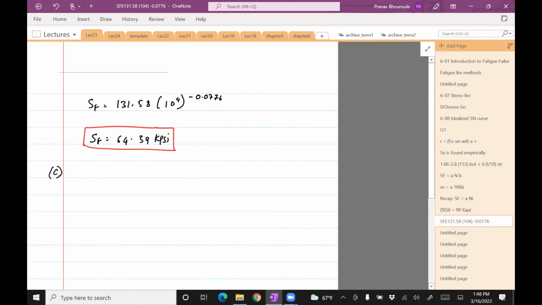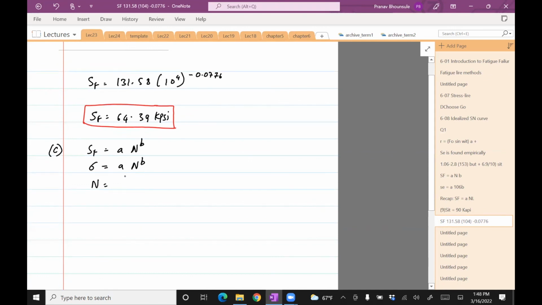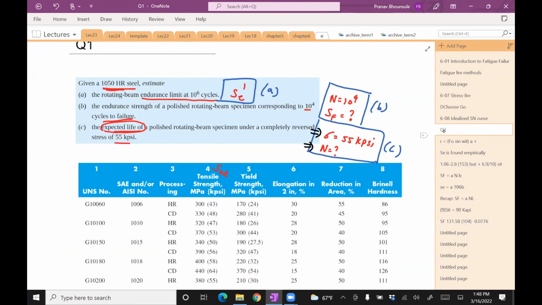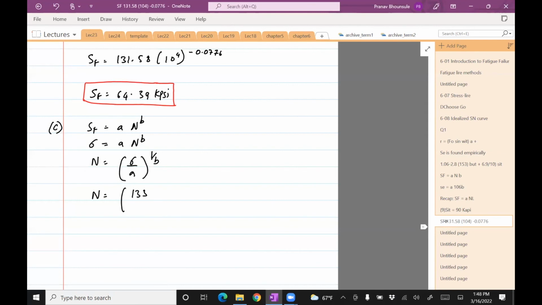Part C: SF equals A n raised to B, where for SF we'll put sigma now. Then n is sigma divided by A, all raised to 1 over B. So I'm going to sub in the values: 55 for sigma.